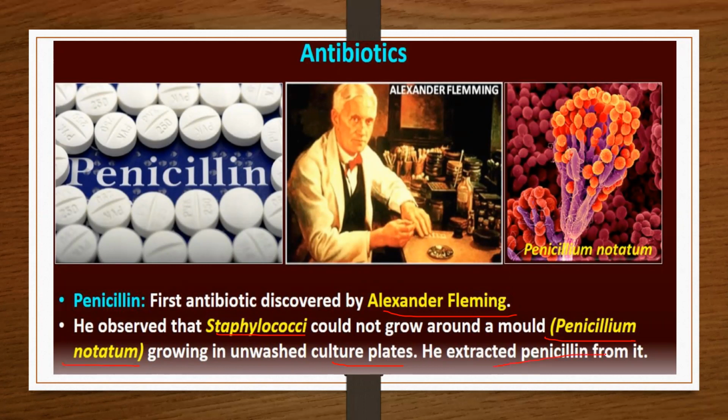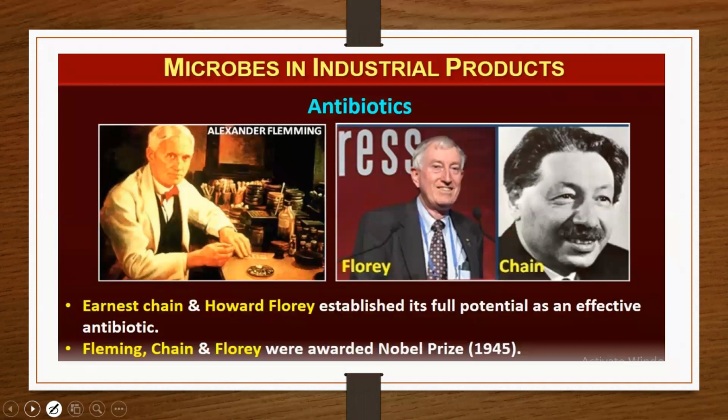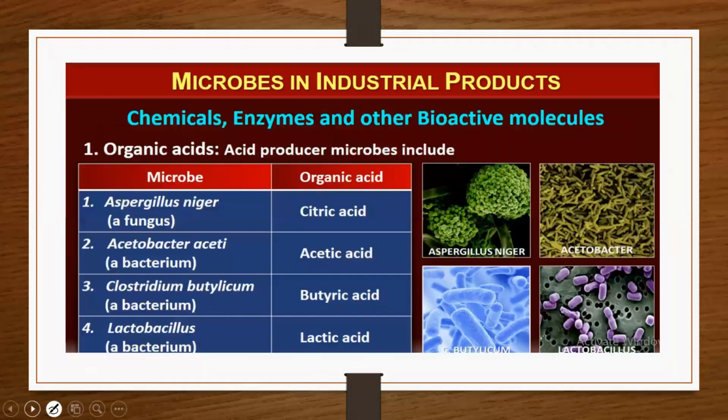So he extracted penicillin from it, but he did not potentially develop it into an antibiotic. Ernest Chain and Howard Florey developed penicillin to its full potential as an effective antibiotic, and it was used in World War II also. So Fleming, Chain, and Florey were awarded the Nobel Prize in 1945.